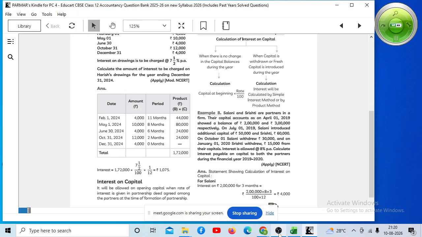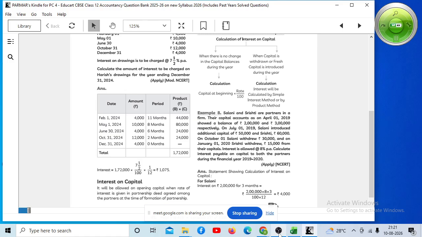Okay, so let me read the question. Saloni and Shrishti are partners in a firm. Their capital accounts as on April 1, 2019 showed a balance of 2 lakh and 3 lakh respectively. On July 1, 2019, Saloni introduced additional capital of 50,000 and Srishti 60,000.